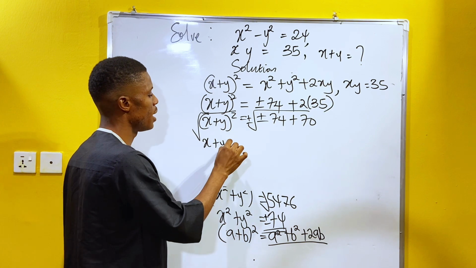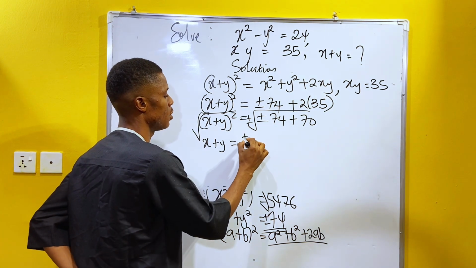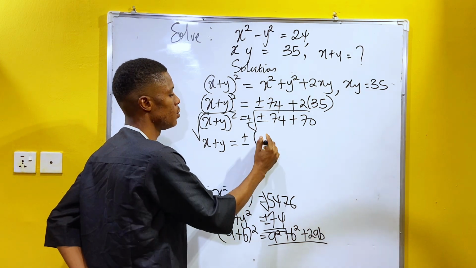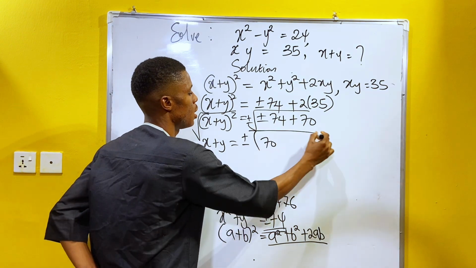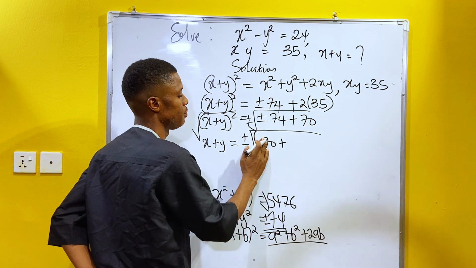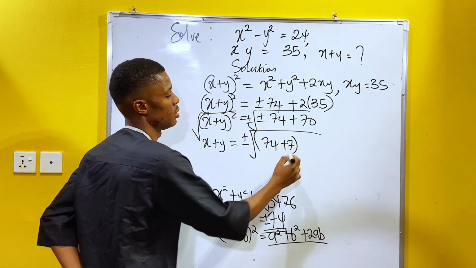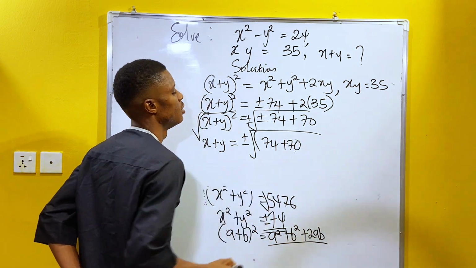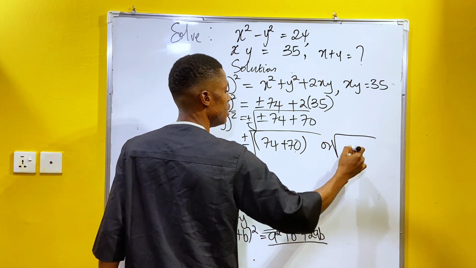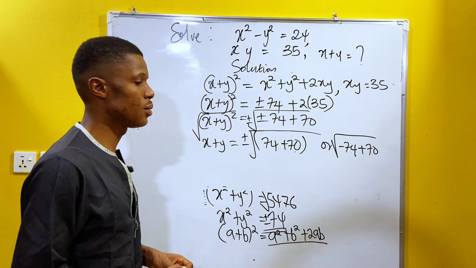That means x plus y is equal to plus or minus the square root of 74 plus 70 for the positive solution, and plus or minus the square root of minus 74 plus 70. These are the two solutions we are looking at.